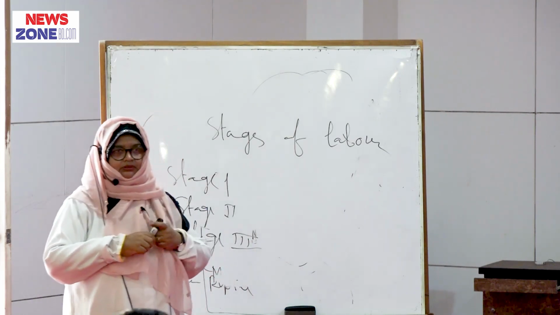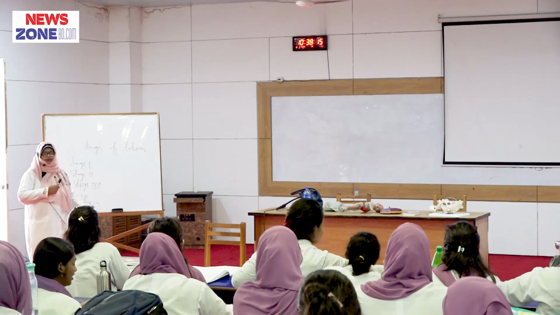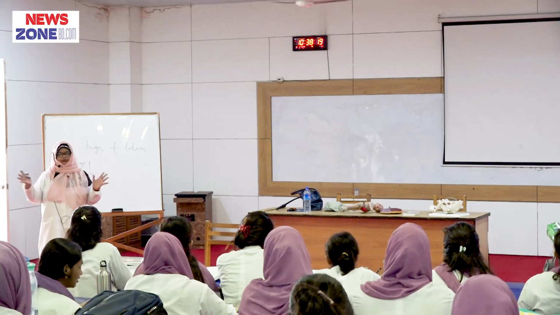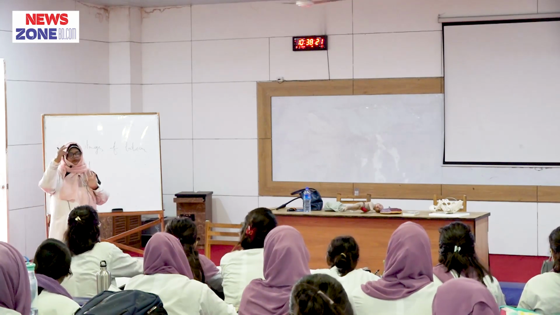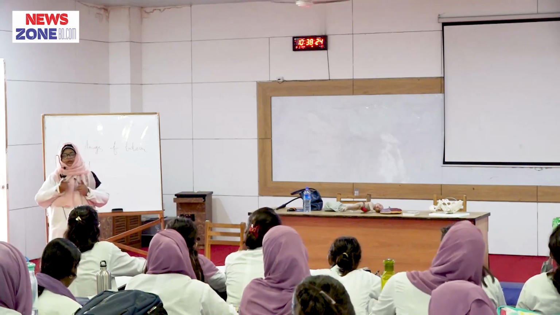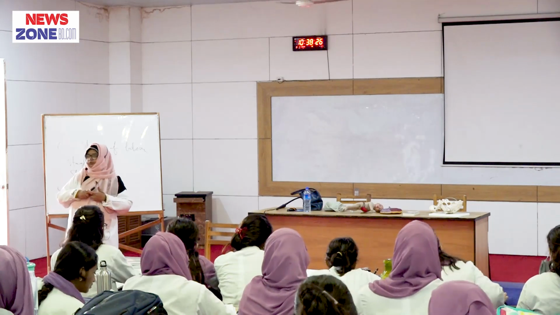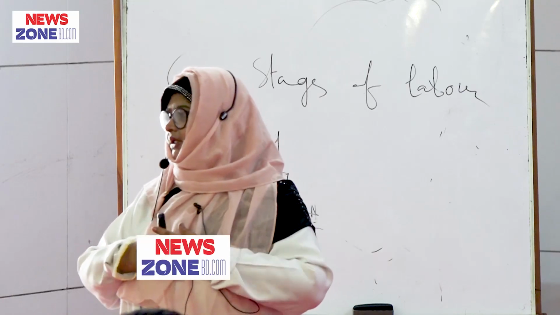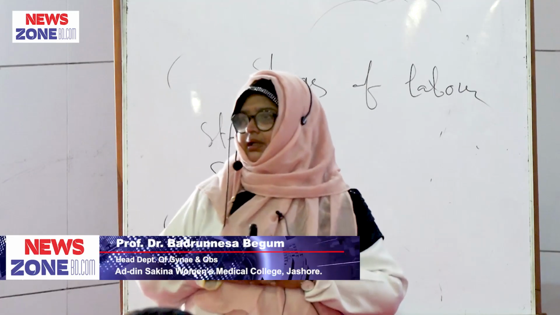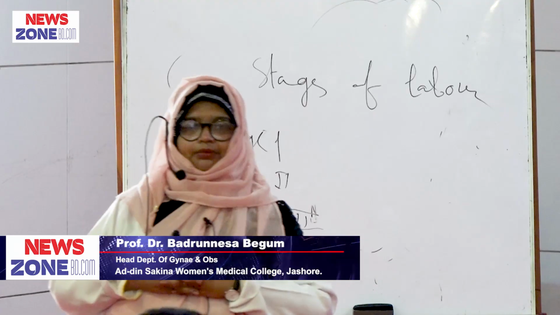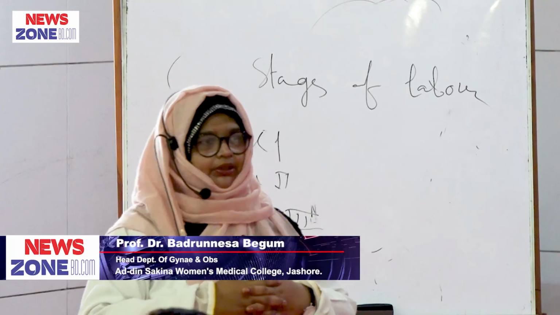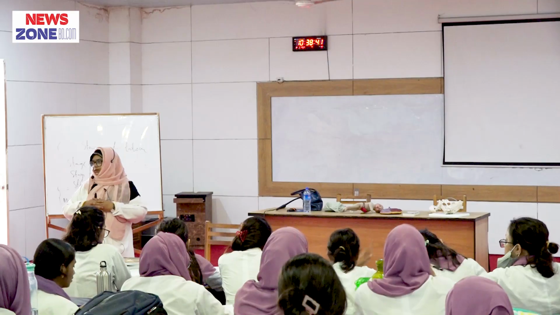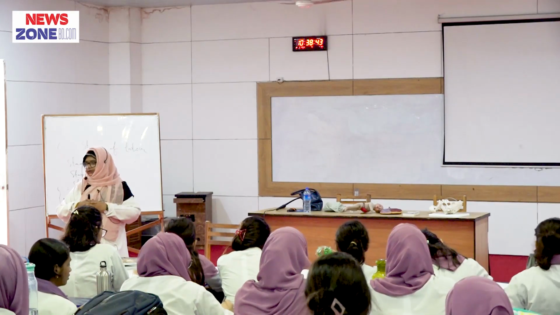Stage 1 means, what is needed for a normal delivery, the cervix should be dilated. From the starting of the true uterine contraction up to full dilatation of the cervix, it is the first stage of labor.